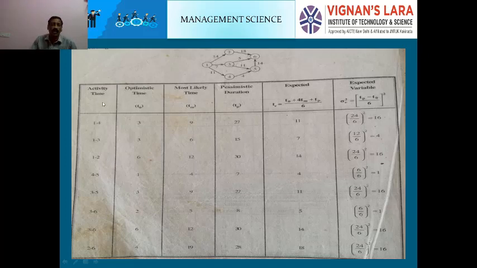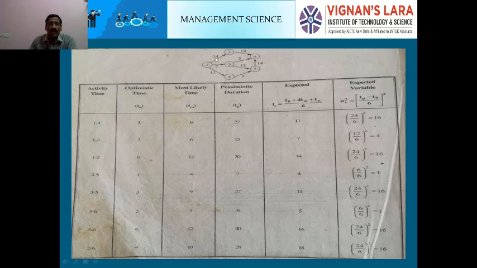This is a chart. I have taken a total of 6 columns: activity, optimistic time denoted by TO, most likely time denoted by TM, pessimistic time denoted by TP, and now expected time. That means how much time is put on the activity.